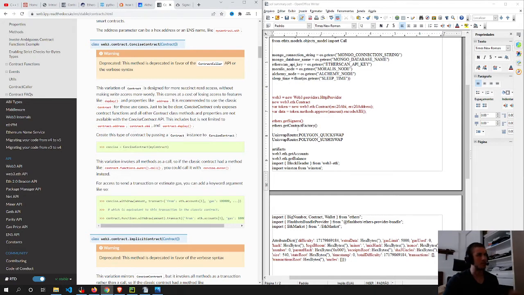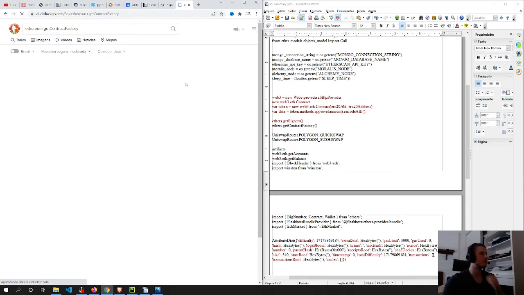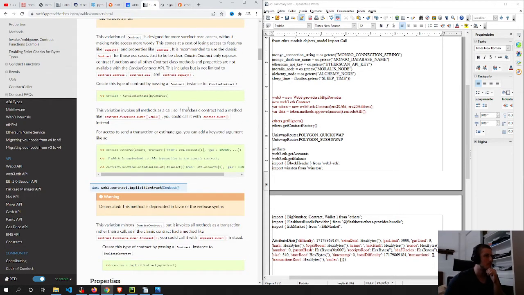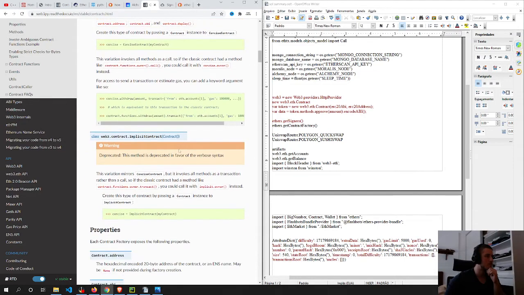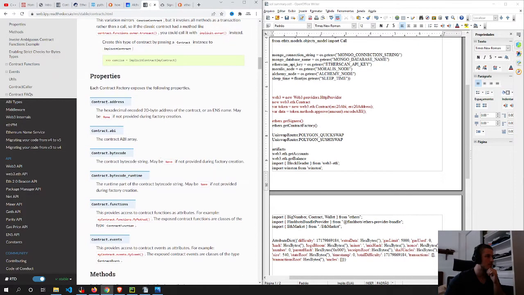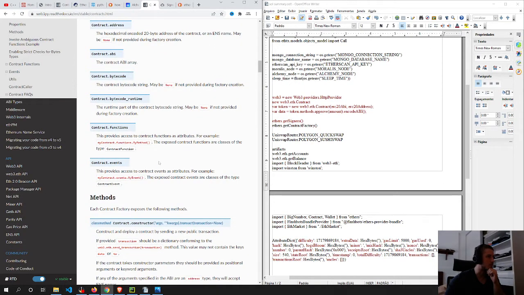I think I'm gonna search for what that is again, even though I think I already know what it is, just to make sure. Each contract factory exposes the following properties: address, ABI, bytecode, functions, events.